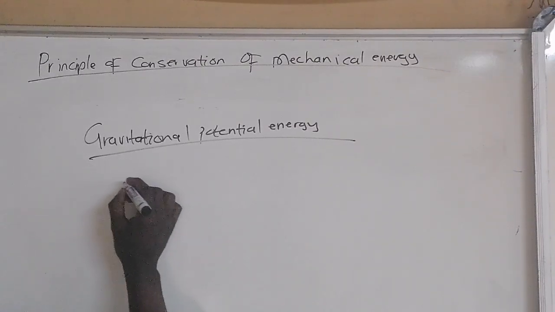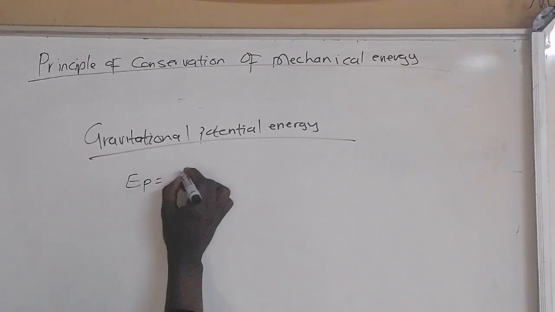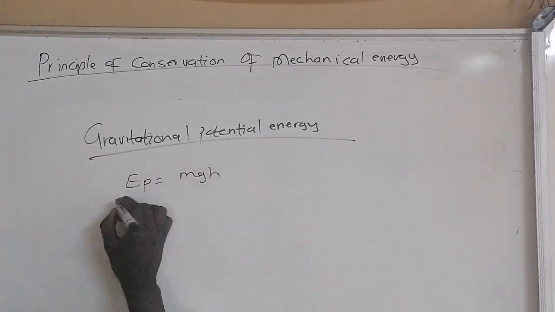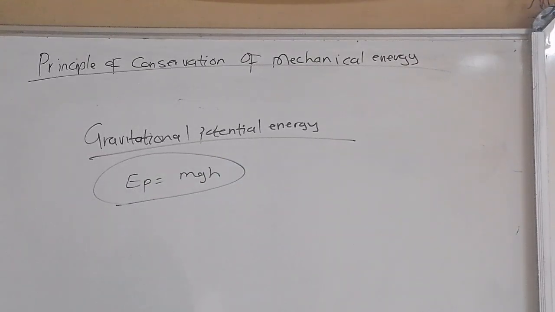You know that the formula for calculating potential energy is mgh. So even when they ask you to calculate the gravitational potential energy, you use that formula for EP. But when you define potential energy, you say it is the energy an object has due to its position.